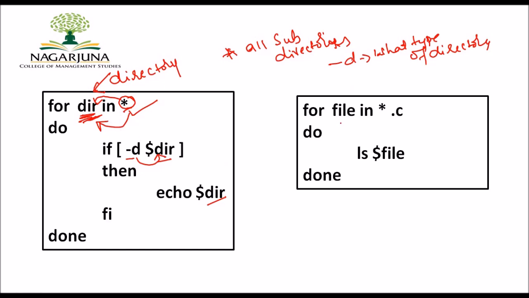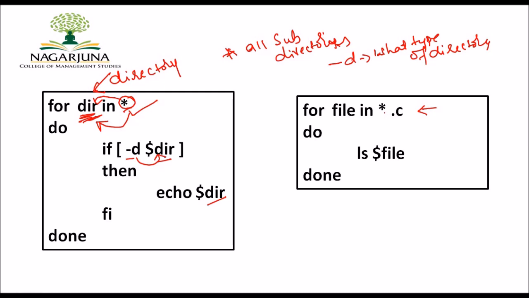Here we have another example, to check if a particular type of file exists or not. Now what is this? Star represents all, and .c, we are going to check whether the file with .c is a C program.